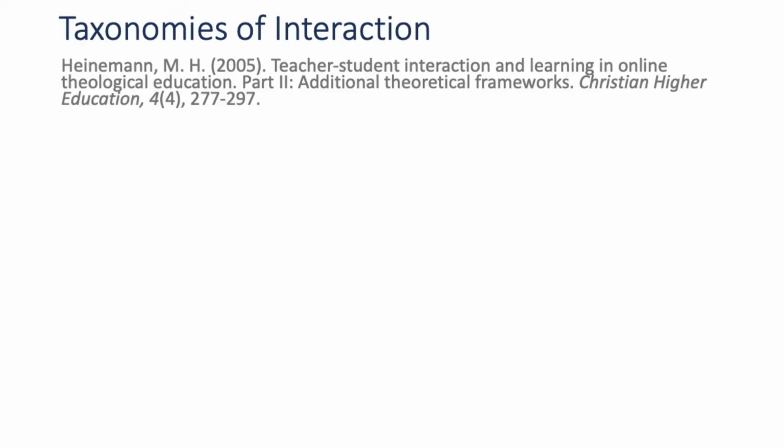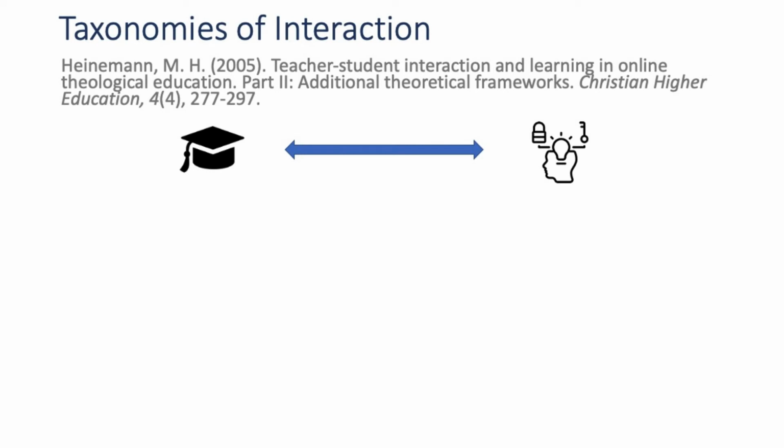However, it isn't just the types of interaction that instructors need to consider. Instructors also need to consider the focus or content of those interactions. As such, it is important to also be aware of the taxonomy or categories of interaction outlined by Hyman. The first was intellectual or instructional interactions, which were essentially interactions that were related to the course content in some way, shape, or form.